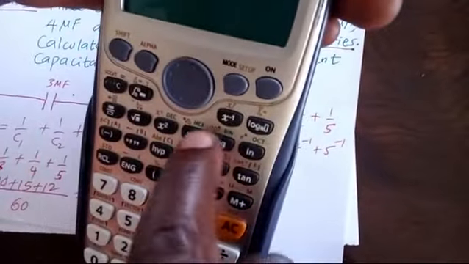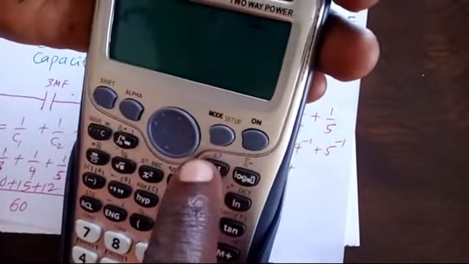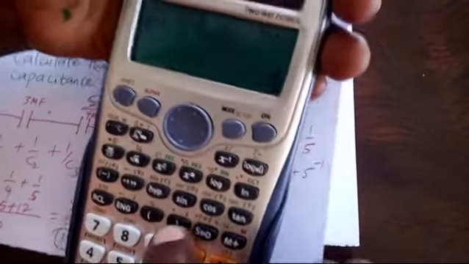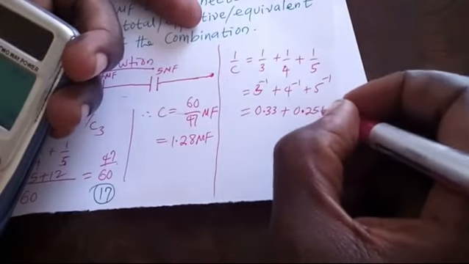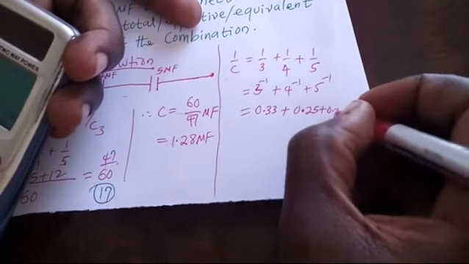Do the same for 4, the reciprocal, and then you have 1 over 4. This means 0.25, to 2 decimal places. Plus this one will give you 0.2.